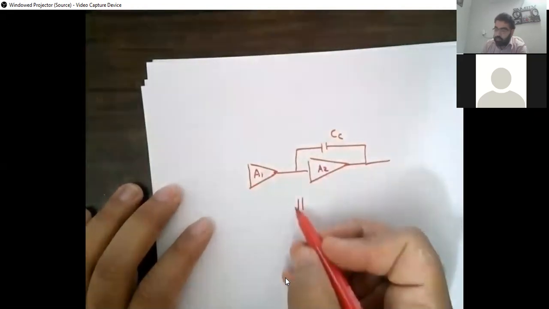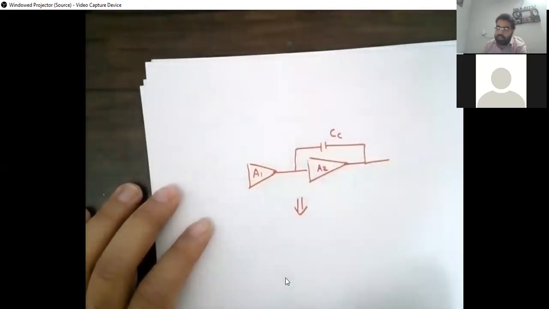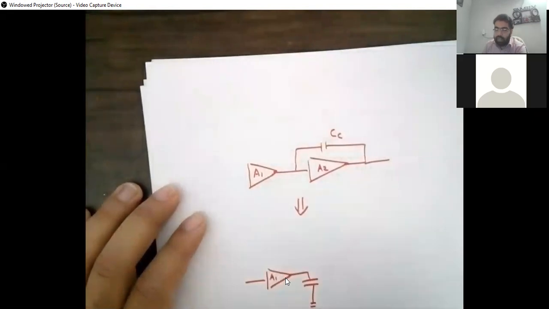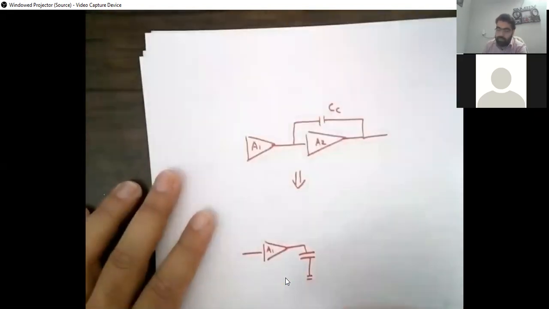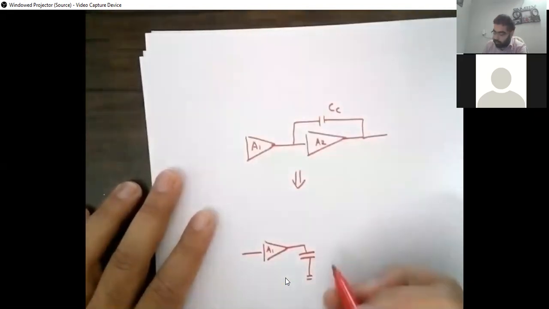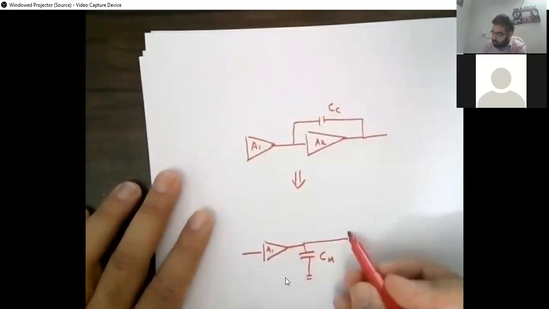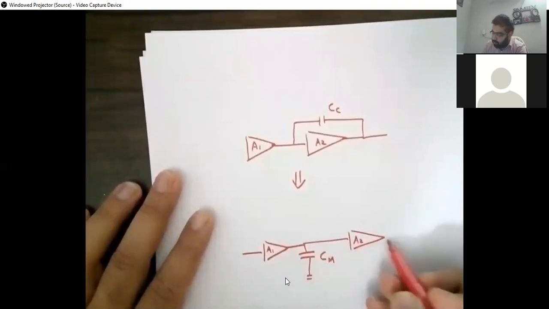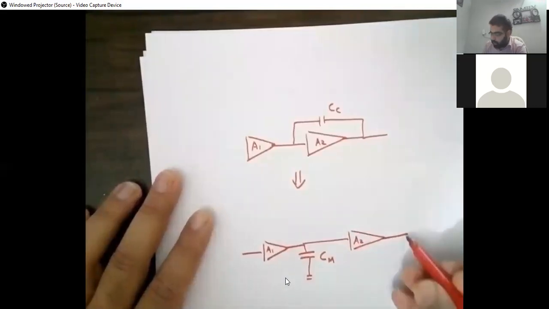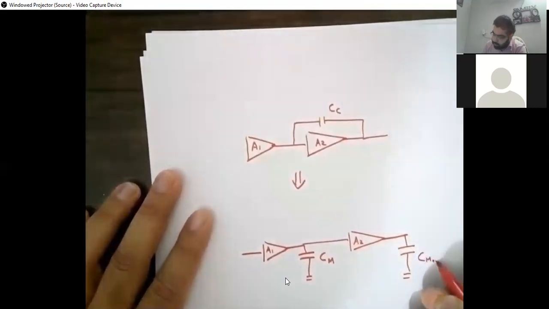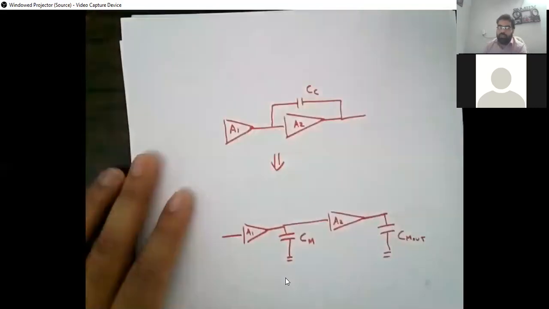If I want to separate this CC with the help of the Miller effect, we can draw like this: A1 at the input node, and between the output and input node of A1 and A2 there is something, CM. Then there is going to be A2. Let's keep the same name, and here there is CM out. These are going to be the CMs.